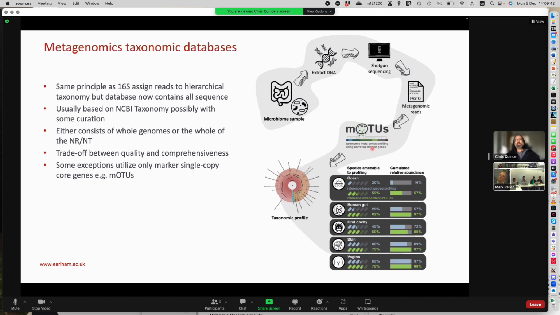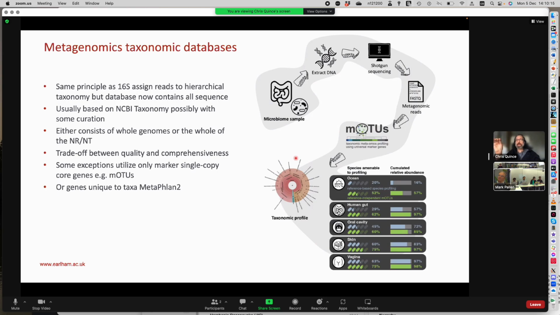By marker genes here, we mean single copy core genes. These are genes that are present in every prokaryote in a single copy. So in mOTUs, they take 40 of these single copy core genes, and over a variety of data sets, they look for correlations in them. They link them together into what they call mOTUs. And then rather than profiling against reference sequences, you profile against these mOTUs.